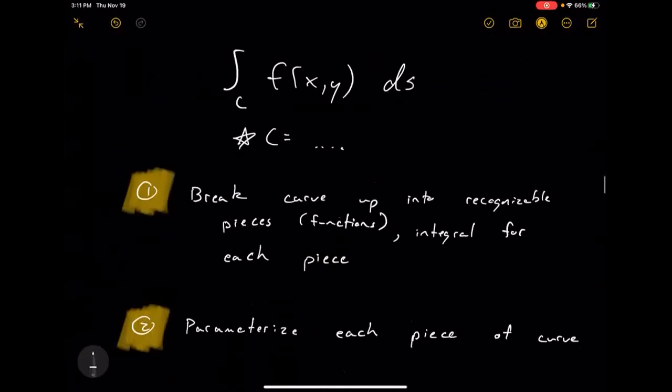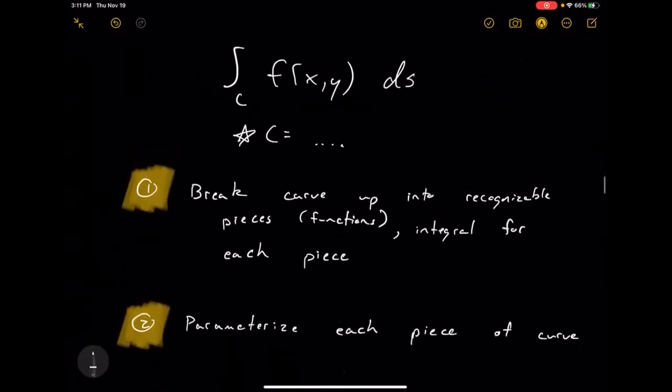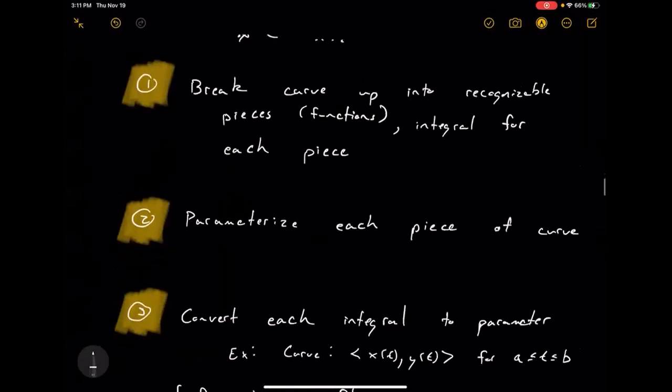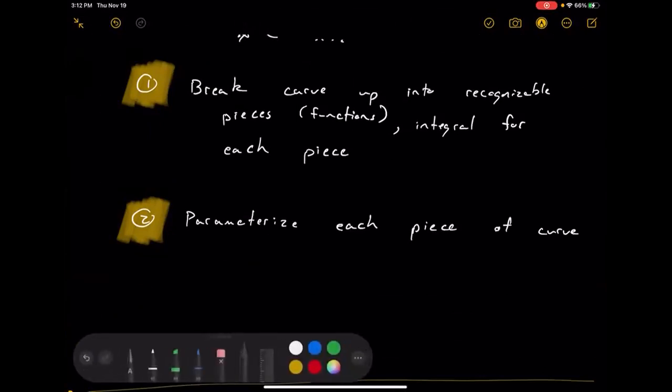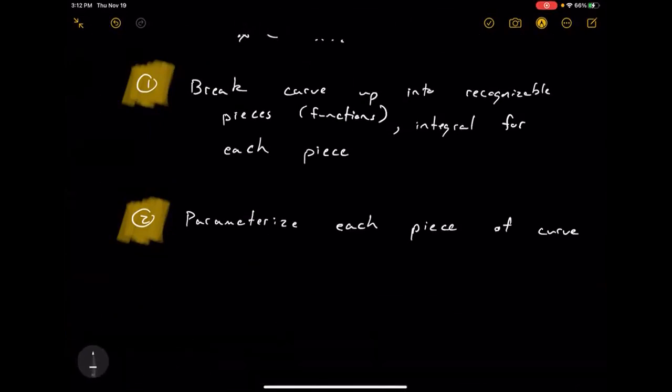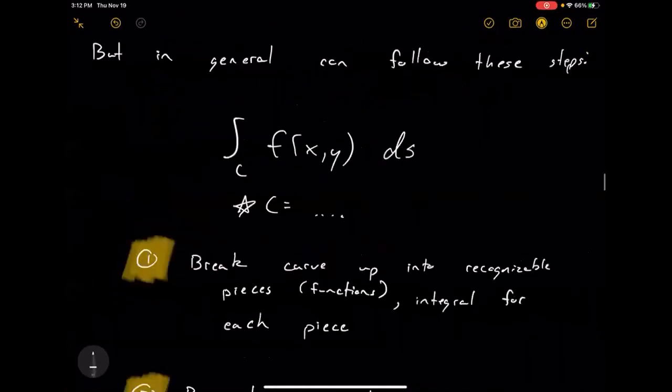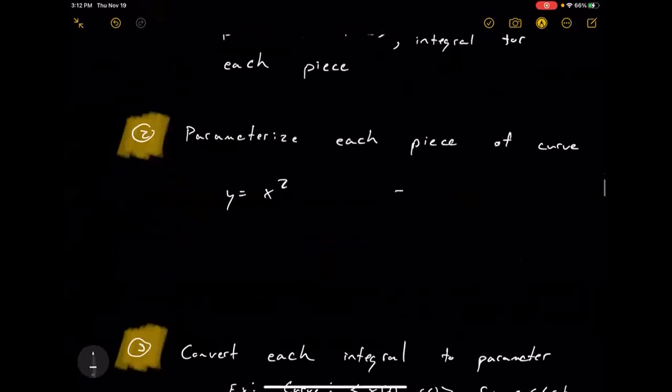Okay, step two, you need to parameterize each piece of the curve. Okay, so what does that mean? Now we've done this in this course already. I want to write y equals x squared, that first piece of this green curve, for x between -1 and 1.